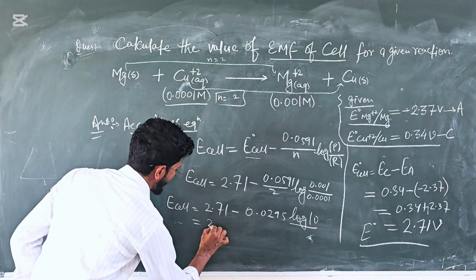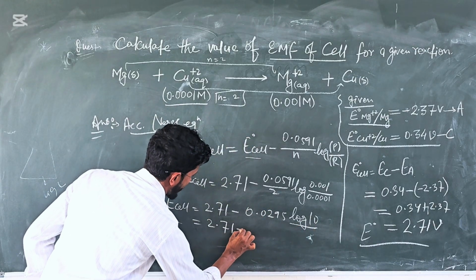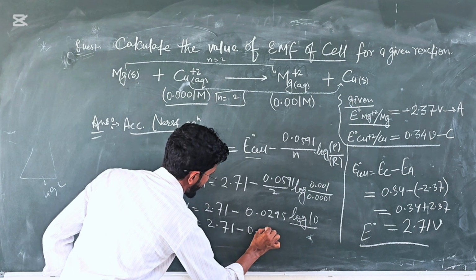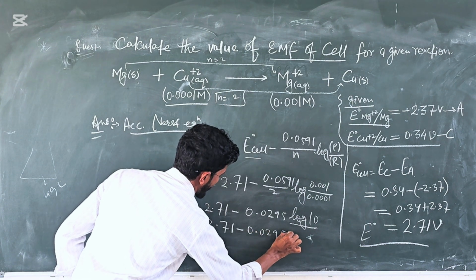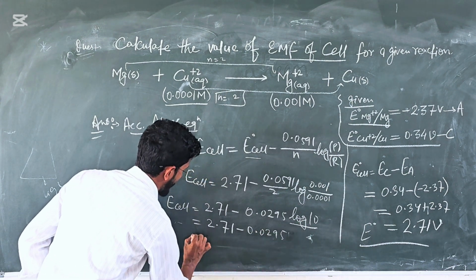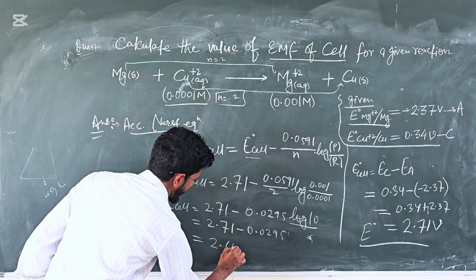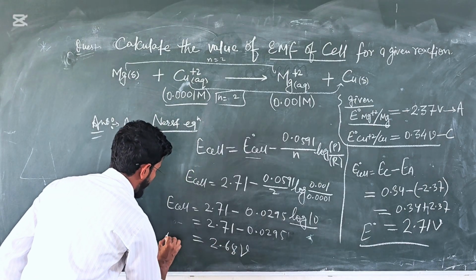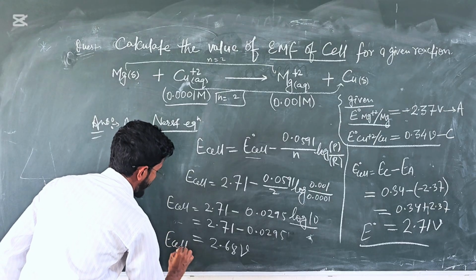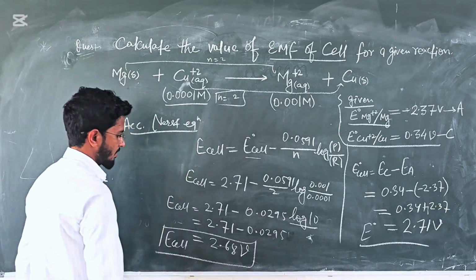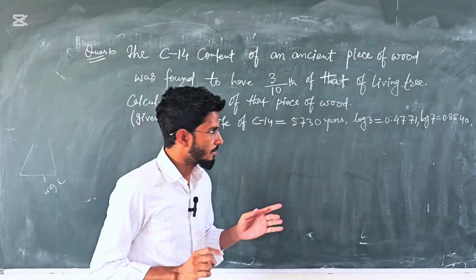The answer will be 2.71 minus 0.0295. Now the value of E cell will be 2.68 volt. This is our answer. Okay, hope you got the answer. Now we see the next question.